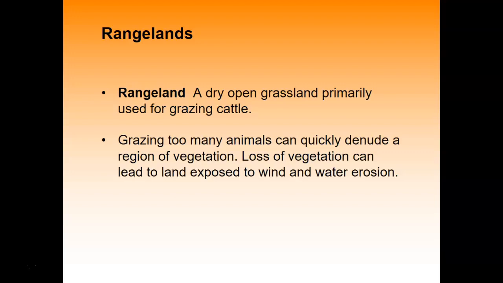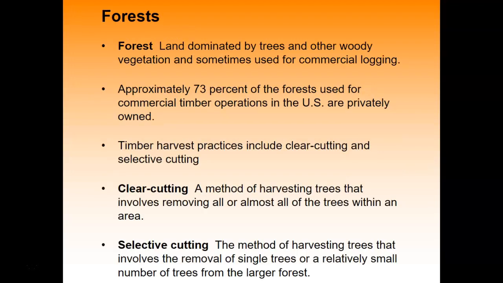But they were still limited on the number of cattle that they can put in a certain area of land. Because if you have too many grazing animals, right, you're going to deplete the amount of plants that are able to grow, therefore ruining the entire future of that grazeland.